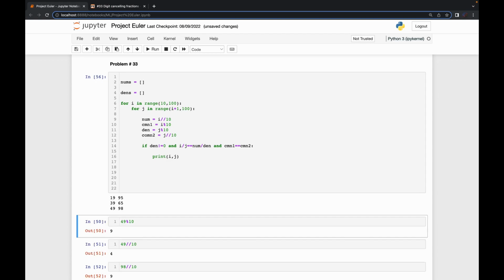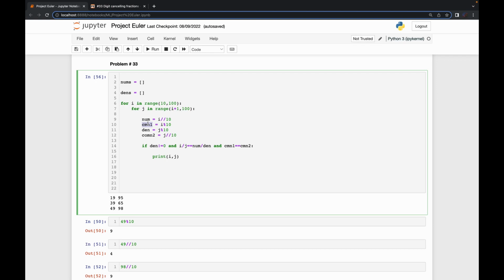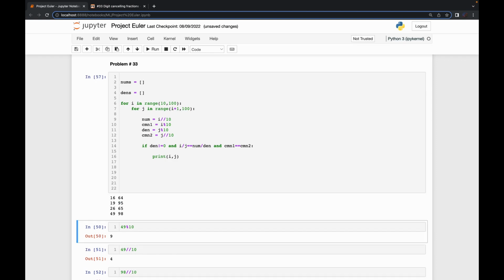Okay, so now we got 3 answers. We are looking for one more, and yes, this is a problem here, common 2. Okay, so we got 4 answers, and you see one of them is 49 divided by 98.